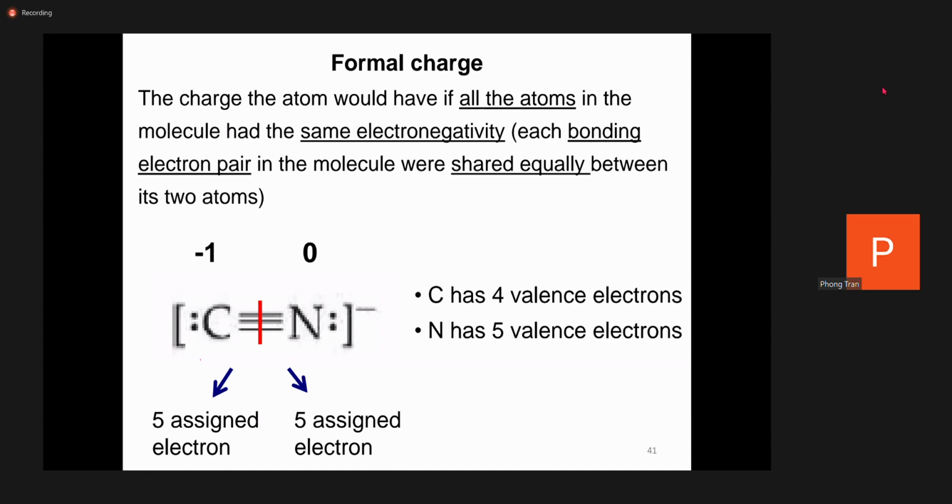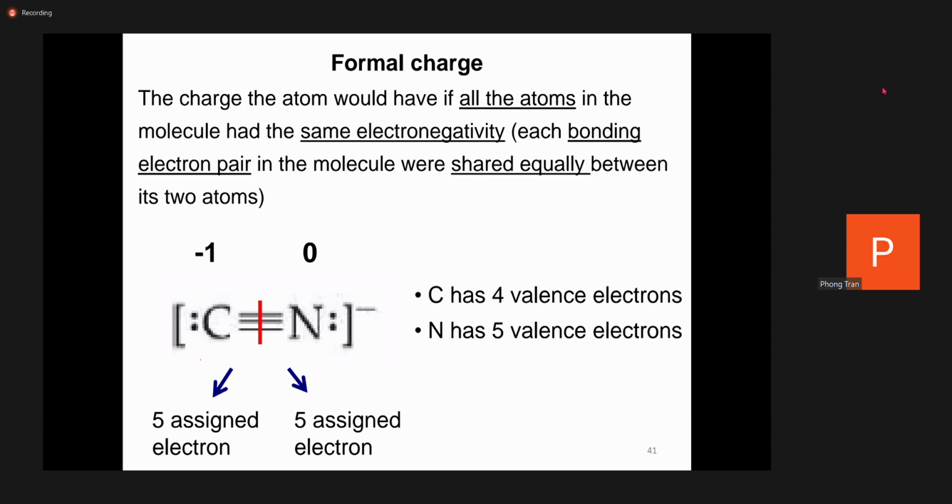But now you consider that the two atoms, whatever their electronegativity, have the same chance to receive electrons. In other words, the electron density will be equally distributed between the two atoms. So you pick a pair of electrons in the covalent bond and say that each of the two atoms will take 1. By that way, we will calculate the formal charge.